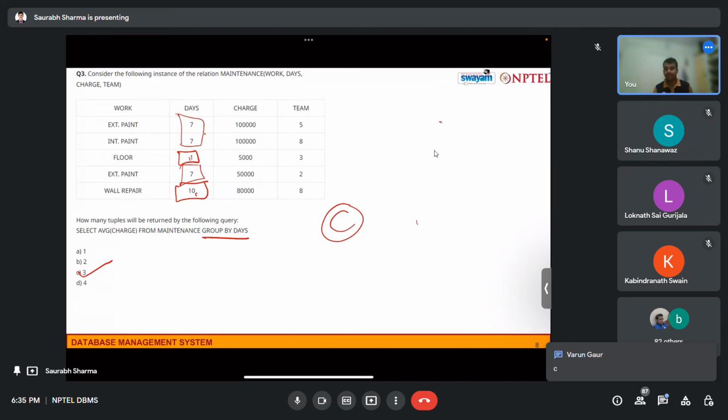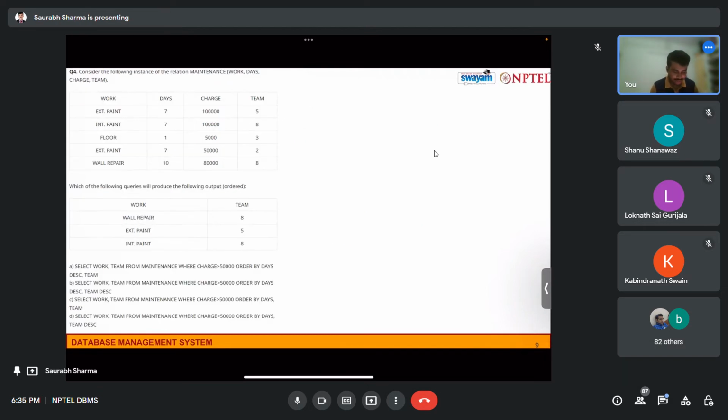Okay, next is the fourth question. It is telling consider the following instance of the relation maintenance. Same relation, and we have to come up with this output. We will go one by one.